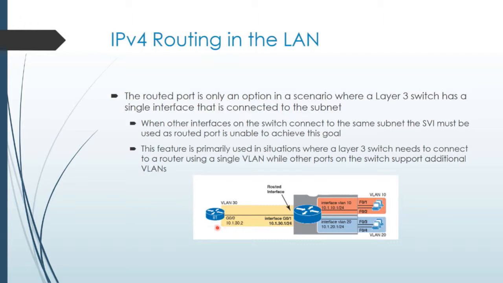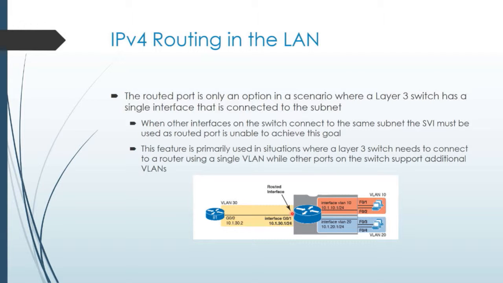So it's this kind of scenario where we have a layer 3 switch that's got two VLANs, VLAN 10 and VLAN 20. All right, and so we would basically be using SVIs for these VLANs. So I would have gone through the process of creating a virtual interface for VLAN 10 and it would be given this address. A virtual interface for VLAN 20 given this address.